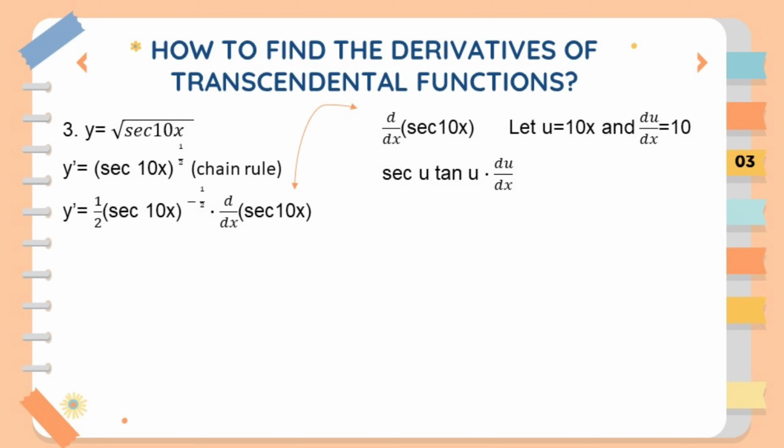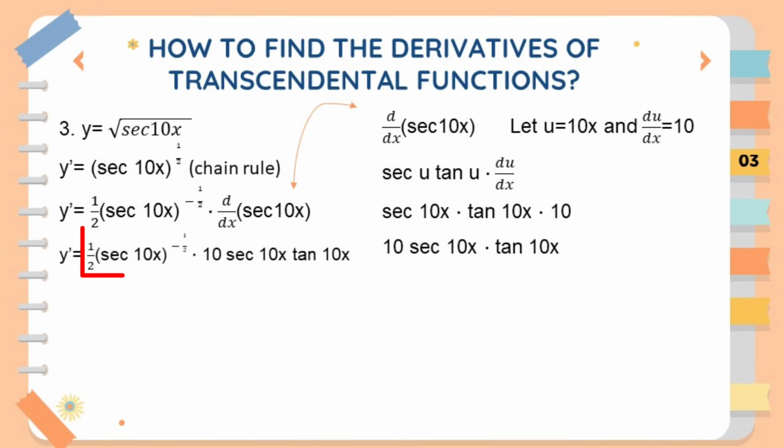Using the formula, we have secant 10x tangent 10x multiplied by 10. Then, we get 10 secant 10x tangent 10x for our derivative function. Our y prime is equal to the first set, which is 1/2 quantity of secant 10x raised to negative 1/2 multiplied by the second set, which is 10 secant 10x tangent 10x.